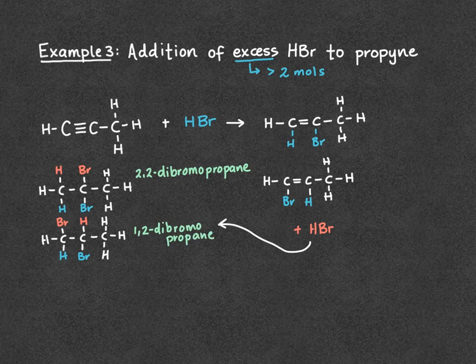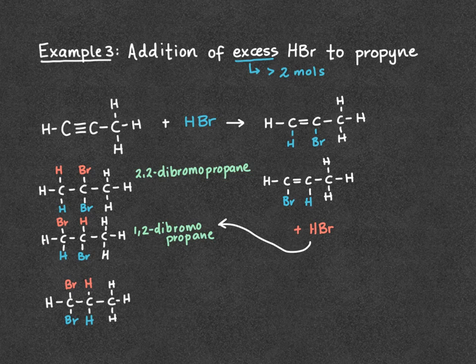If we start with our second product, that is this product where bromine was already on the end, so I'm just going to draw the skeletons of those. What we can do is put the bromine on the end again and the hydrogen in the middle. I won't show the fourth product because it actually ends up being the same as this product, where the second bromine goes onto the center carbon and we end up with 1,2-dibromopropane.